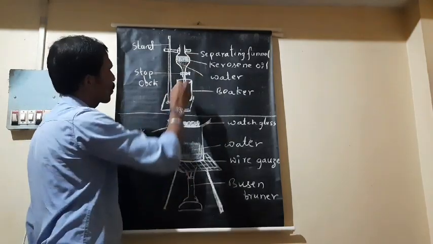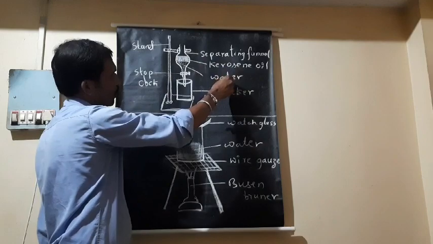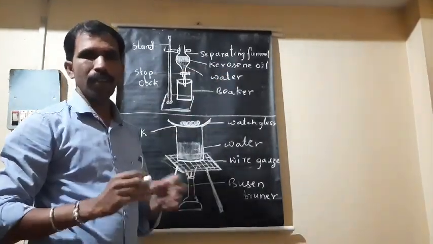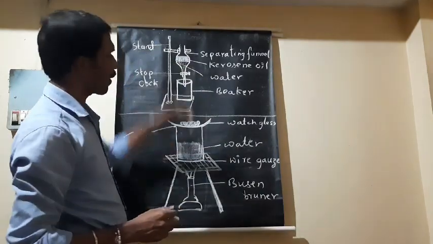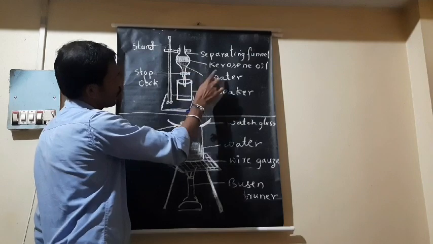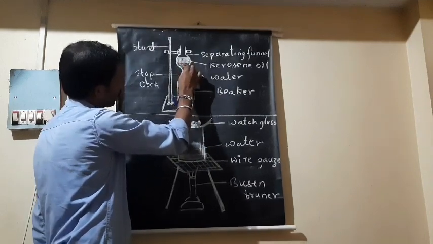What happens here actually? When you put this mixture of kerosene and water in the separating funnel, they never mix together. It will form separate layers. Whatever is dark is kerosene, and whatever is present below this dark portion is water.